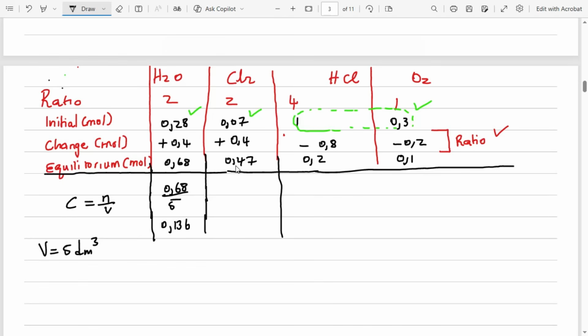Then we move to the next one, 0.47 divided by 5. This is 0.094. I just want to confirm my work. The next one is 0.2 divided by 5, that's 0.04. And then the last one, we take 0.1 divided by 5, that's 0.02.